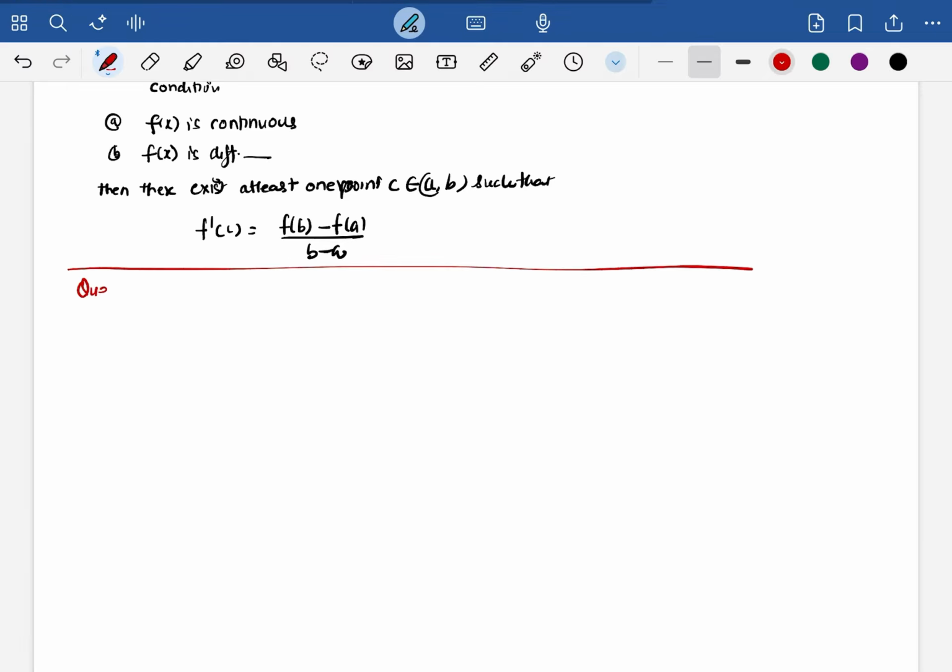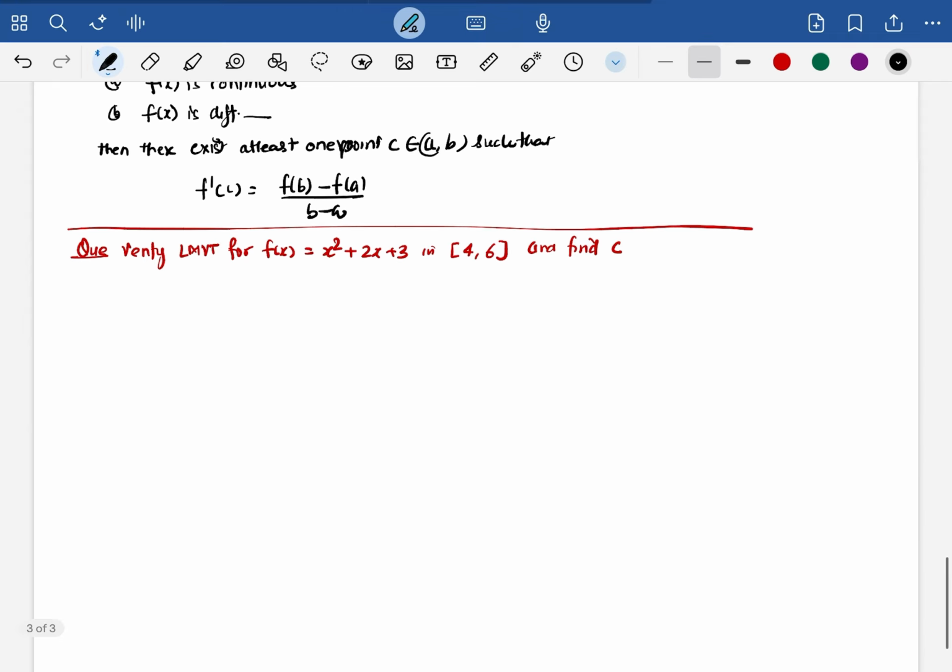So this is a question: verify LMVT for the function f(x) is equal to x square plus 2x plus 3 in [4, 6] and find c. Okay, you have to find the c at which Lagrange's mean value theorem is satisfied.